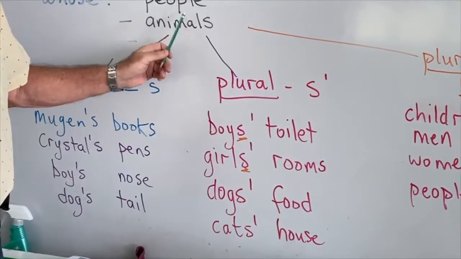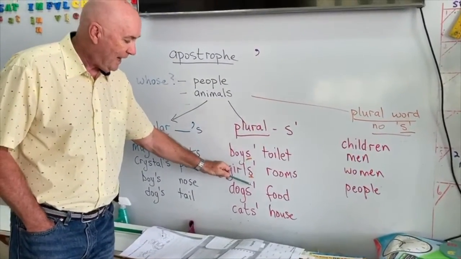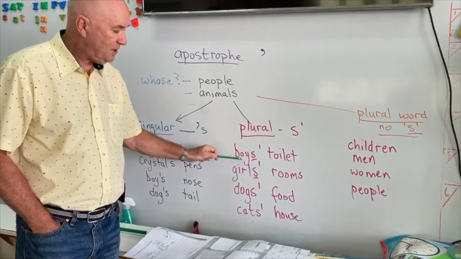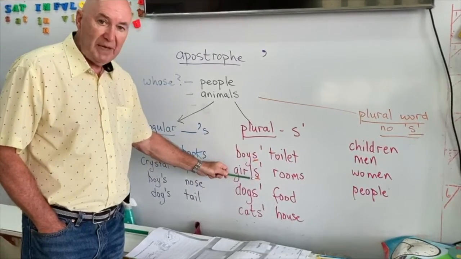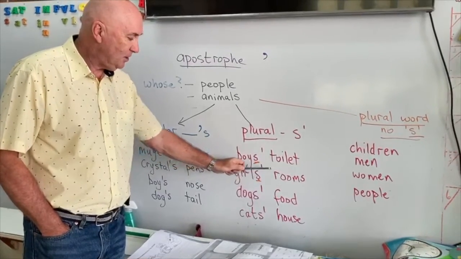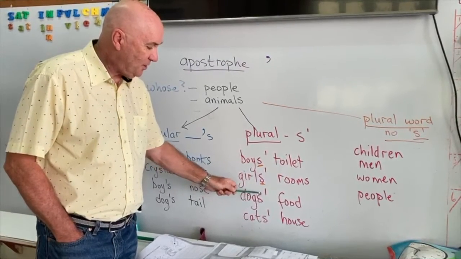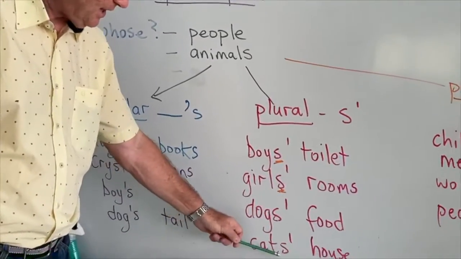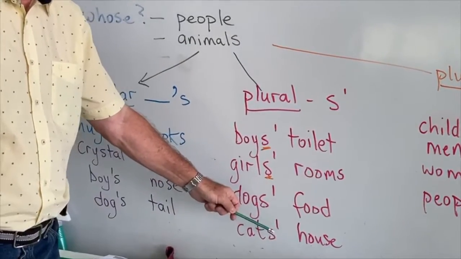So if it's people or animals, more than one, then we just put the apostrophe after the letter S. So, the toilet of many boys, boys apostrophe, boys' toilet. The rooms of many girls, girls is plural, apostrophe after the S, girls' rooms. The food of many dogs, dogs apostrophe, dogs' food. And the house of many cats, cats more than one, cats is plural, apostrophe, cats' house.